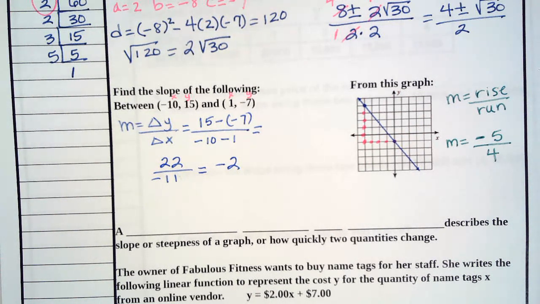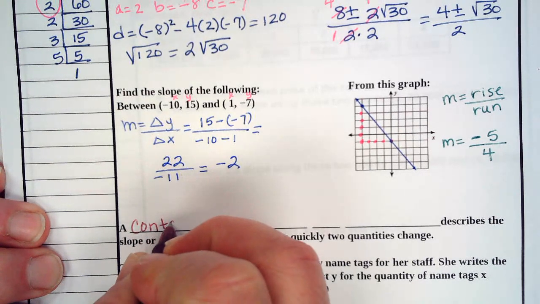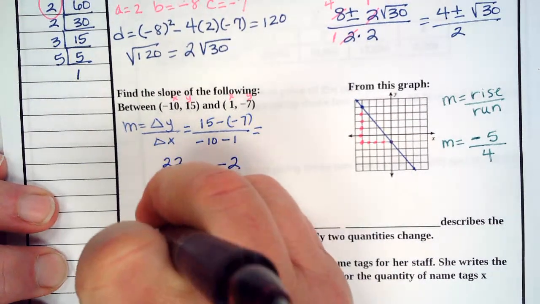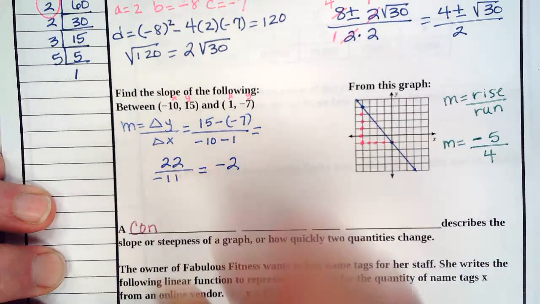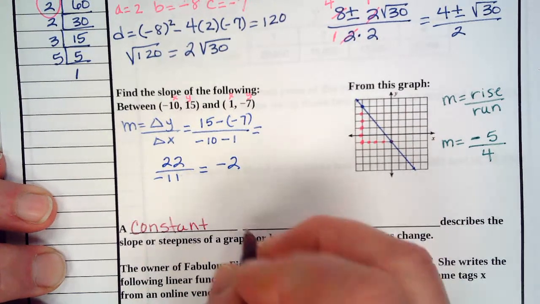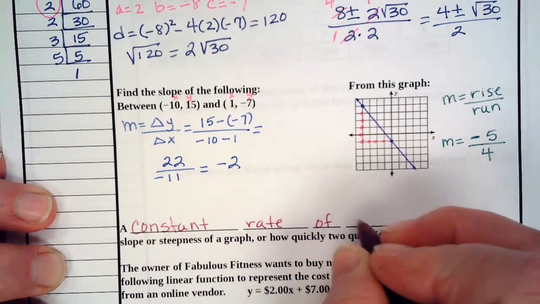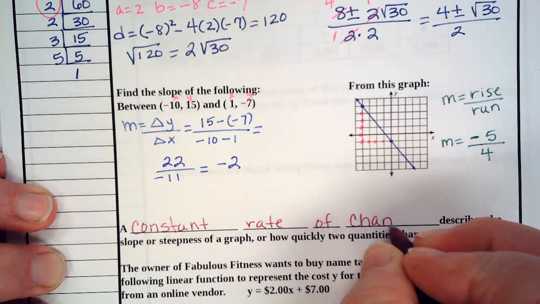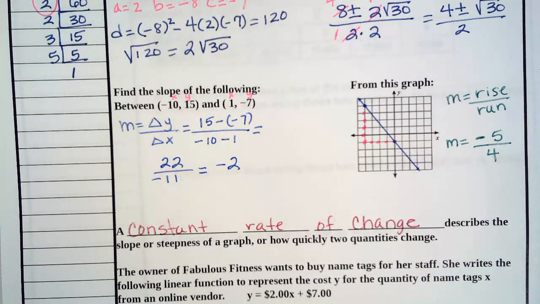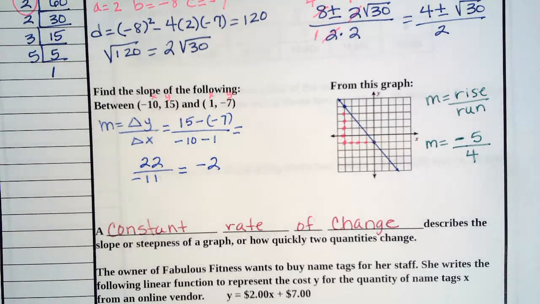So this is the constant rate of change. So the constant rate of change is the slope, it's the steepness, however you want to describe it.